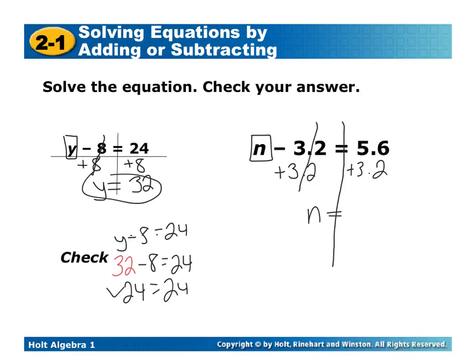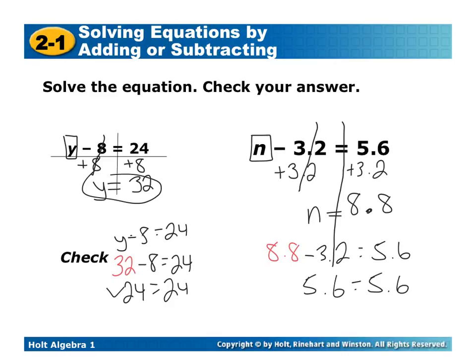And now I have 5 6/10 plus 3 2/10, which gives us 8 8/10. Once again, you can go ahead and check that. So I could take 8 8/10 minus 3 2/10, which is going to give me 5 6/10. So that checks out as well.